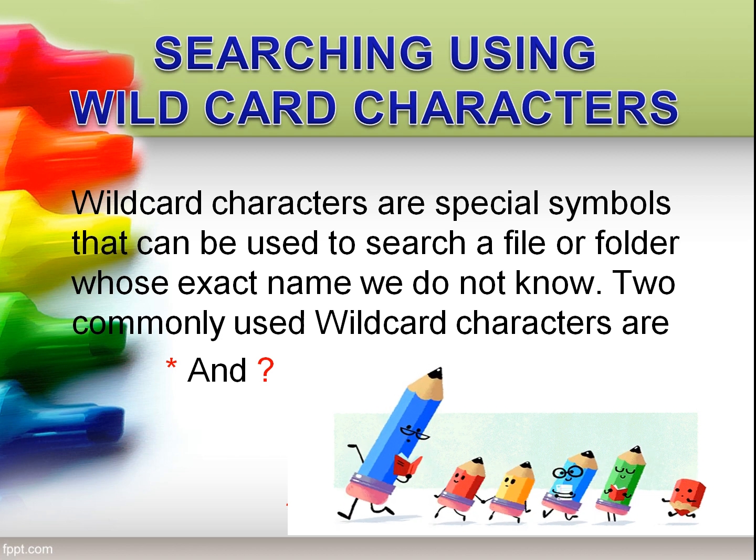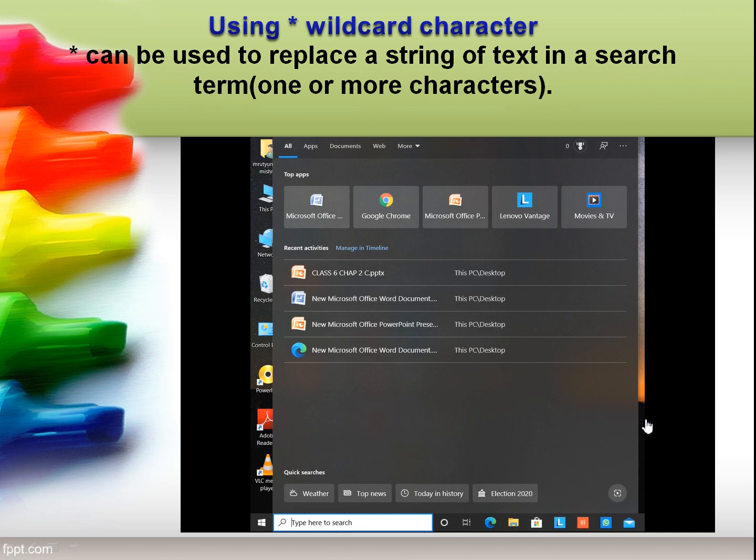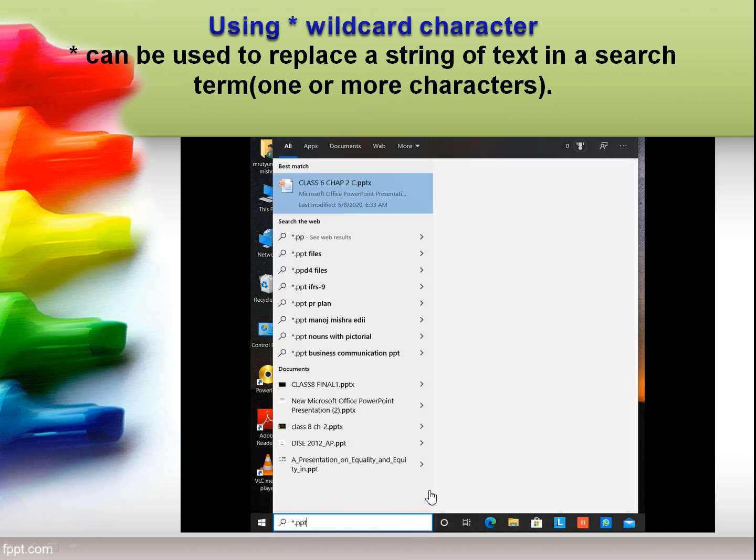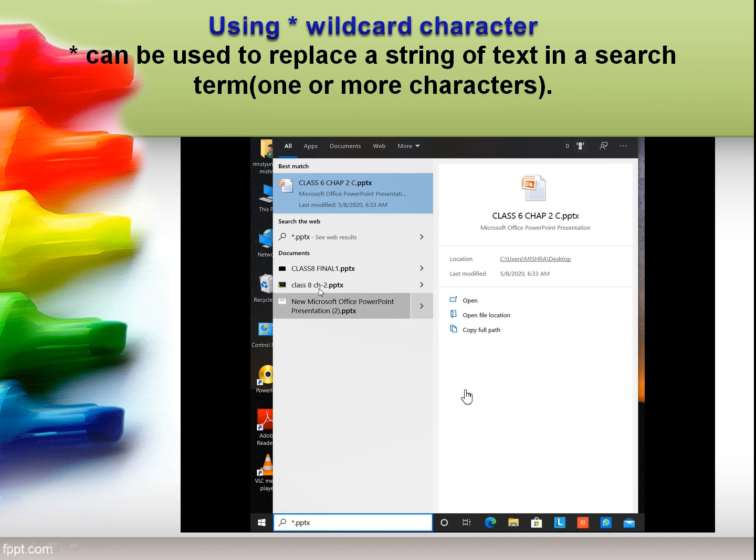First of all, asterisk. When you do not know the name of the file, you can type an asterisk in the search box. You will see that I have typed asterisk .pptx. Giving an extension of .pptx, it will search for all the files having the extension .pptx.